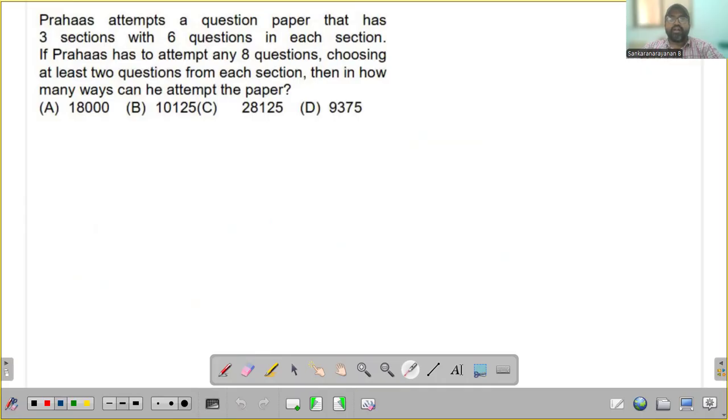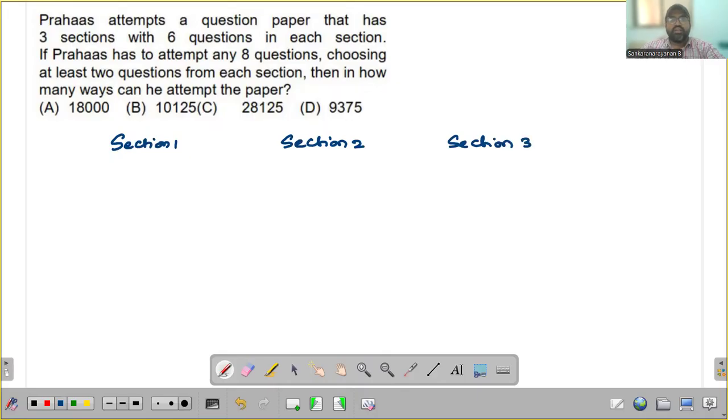It's given that Prahas attempts a question paper that has 3 sections with 6 questions in each section. So let us consider this is section number 1. This is section number 2. This is section number 3.